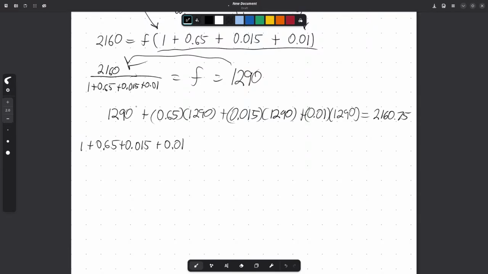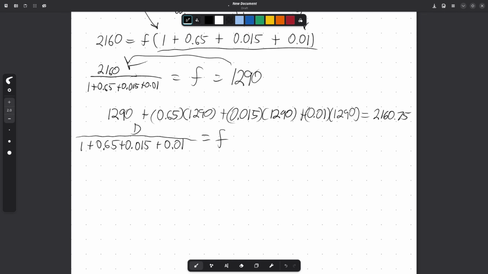I'm going to rewrite this to look a little prettier. D over all of this equals our flour weight. So if you want to come up with a dough recipe and scale it up to any arbitrary amount, this is how you do it.